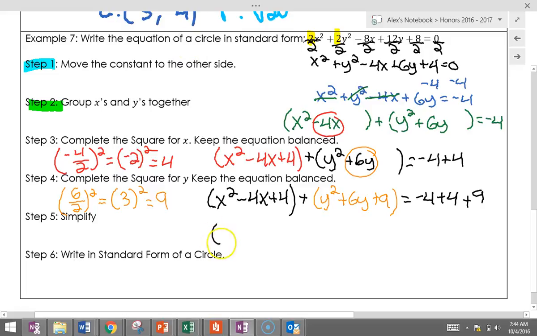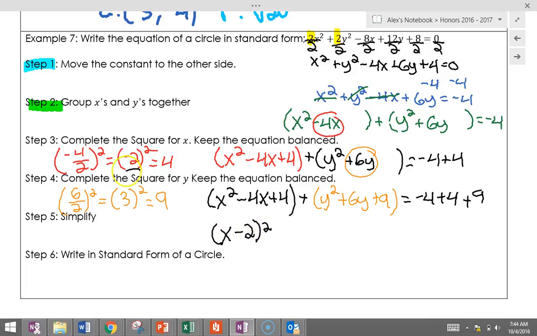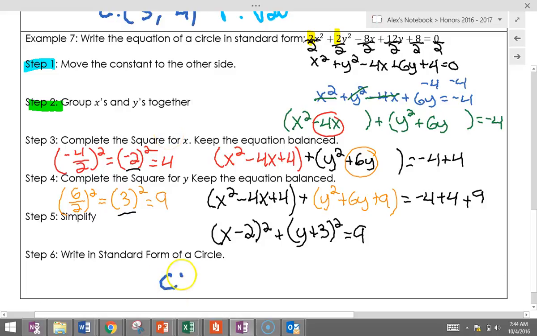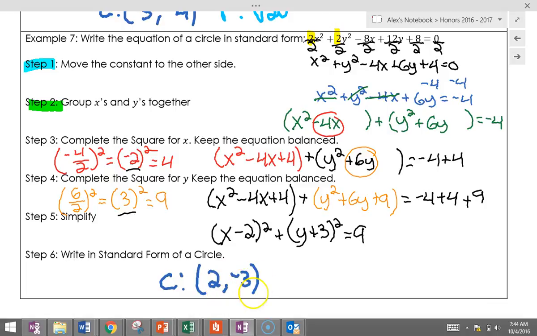My x's are really x minus 2 squared. My y's are y plus 3 squared. Negative 4 plus 4 plus 9 is simply 9. So for my center, remember your signs switch, so that's 2, negative 3. For the radius, square root of 9, which equals 3.